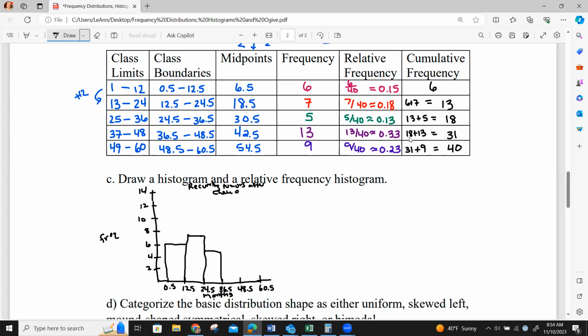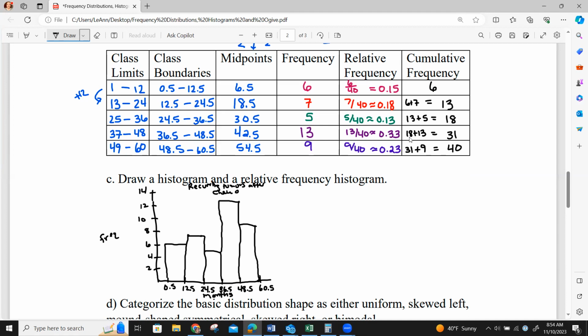Then we had 13 items, so that's going to go up really high from 36.5 to 48.5. And then we had 9 items in our list from 48.5 to 60.5. So notice that is the histogram for this specific frequency level.